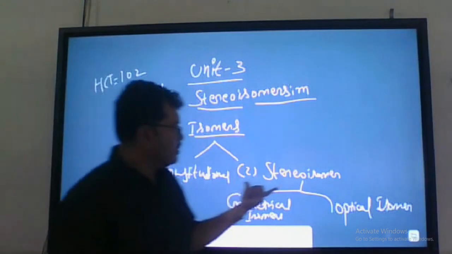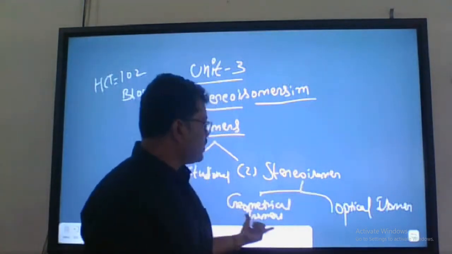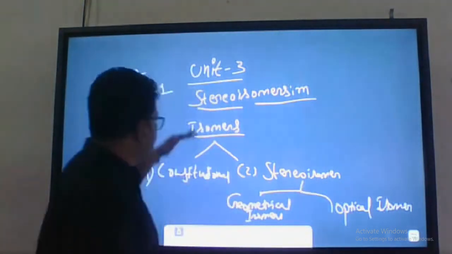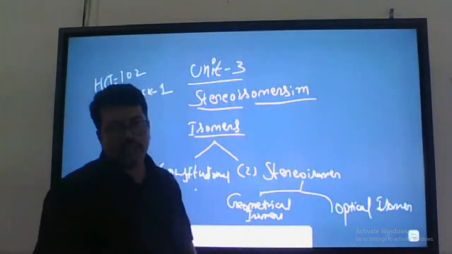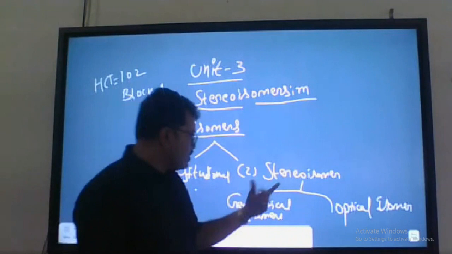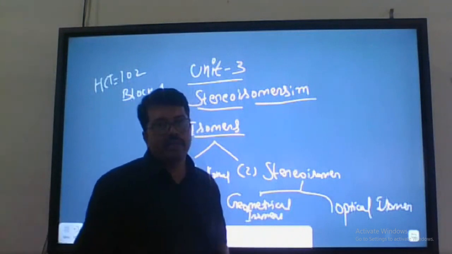See, constitutional isomers, stereoisomers, geometrical isomers. So isomers are divided into two parts, one constitutional and another one stereoisomers. The stereoisomers again are geometrical and optical.